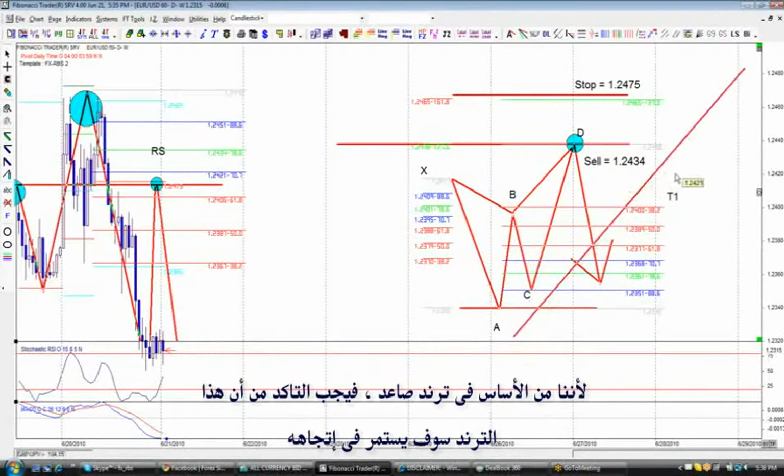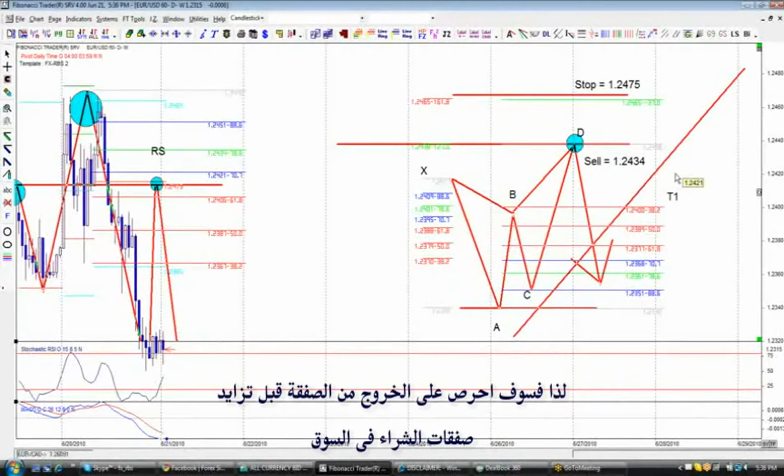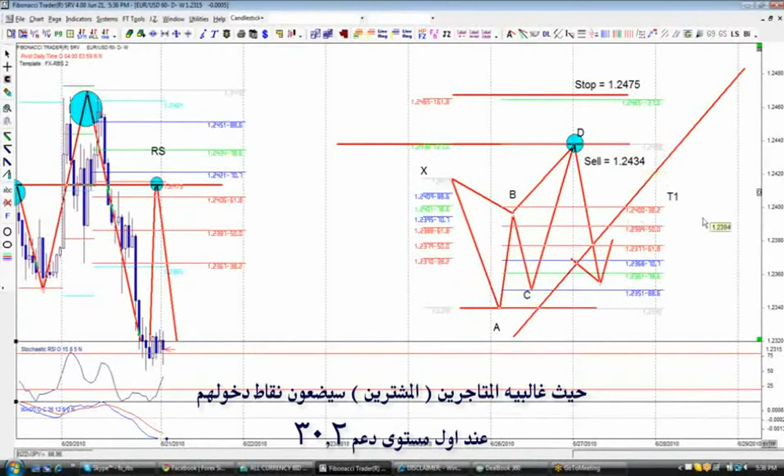I want to make sure that if this trend will continue for some reason, I want to be out of the trade before any more buy orders are in the market, where most likely players would place their orders.